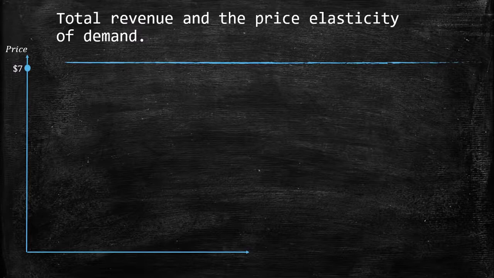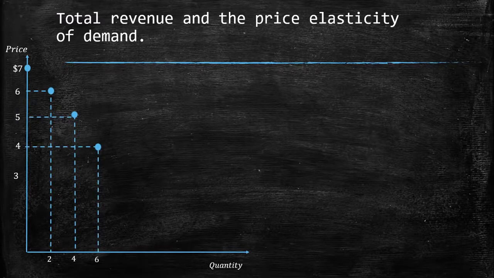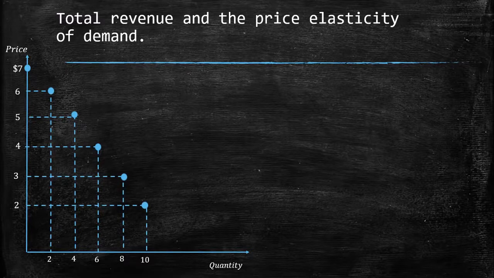Okay, we are going to see one really nice graph where at different points the same curve has different elasticities. So suppose that at the price of 7 you demand 0, at the price of 6 you demand 2, at the price of 5 you demand 4, at the price of 4 you demand 6, at the price of 3 you demand 8, and at the price of 2 you demand 10.